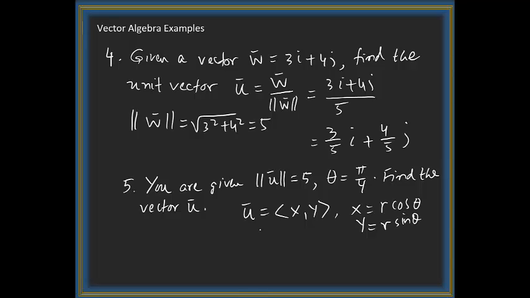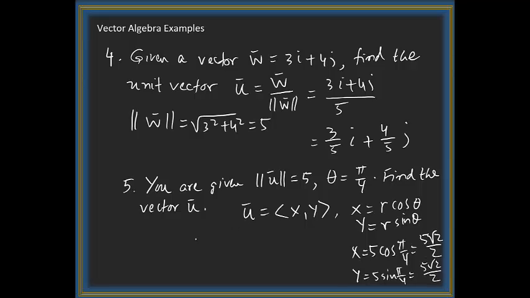Then easily you can figure out x equals 5 cosine pi over 4, and you know cosine pi over 4 is radical 2 over 2. So you get 5 radical 2 over 2. This is x, and y is 5 sine pi over 4, which is also 5 radical 2 over 2.